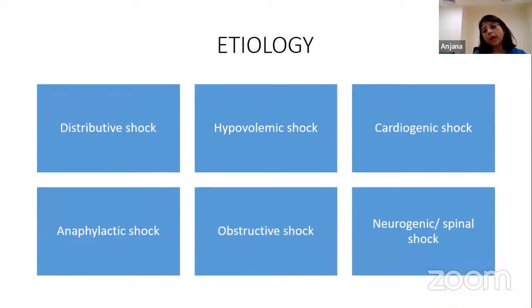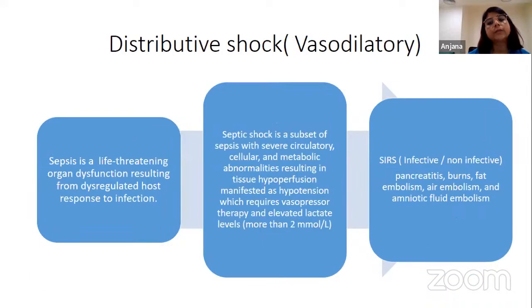In short, I'll just go through the kinds of shock we come across: distributive, hypovolemic, which we see all the time in ICU, cardiogenic, anaphylactic, obstructive, and neurogenic shock. Now, distributive is a vasodilatory shock. This happens mainly because of inflammation. Your inflammation can be because of infection, or it may be non-infective as well. Infection means sepsis, right? So sepsis is a vasodilated shock where you have a diffuse vasodilatation.